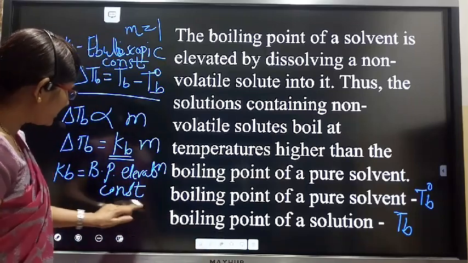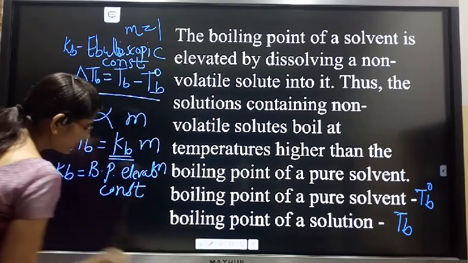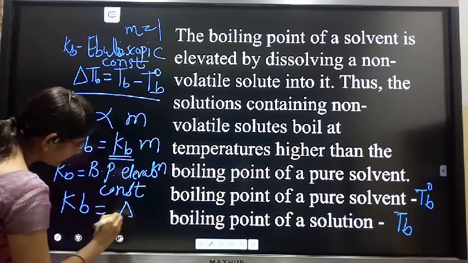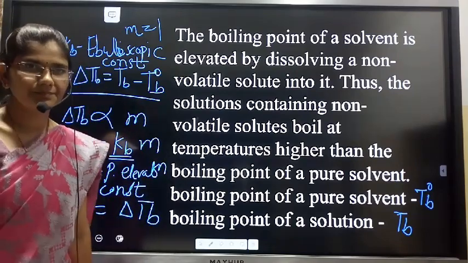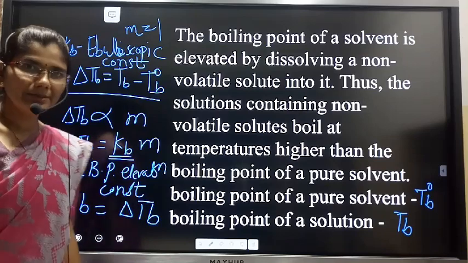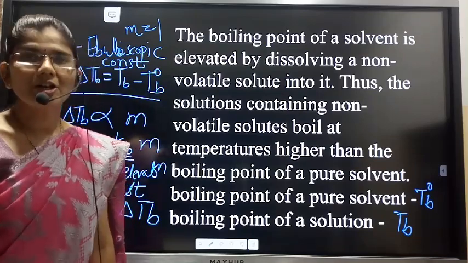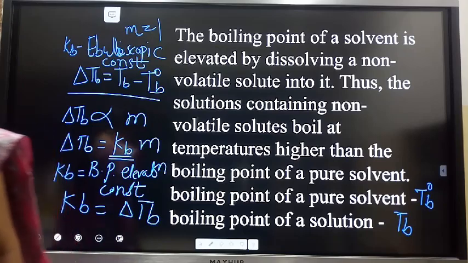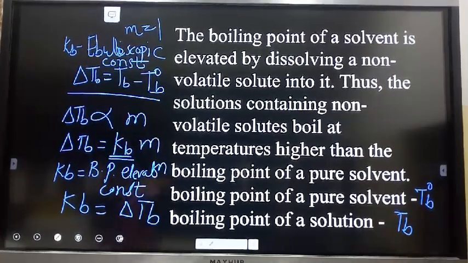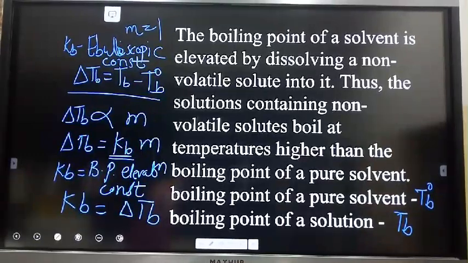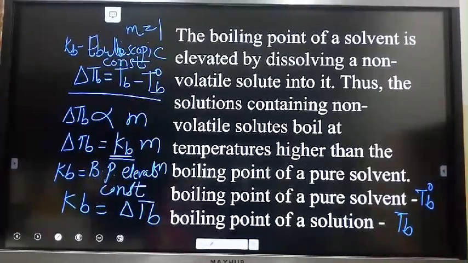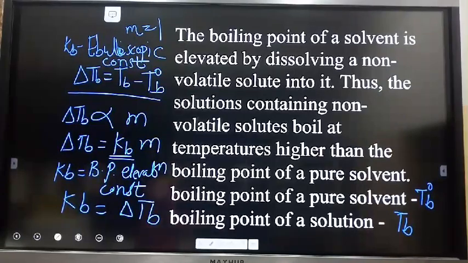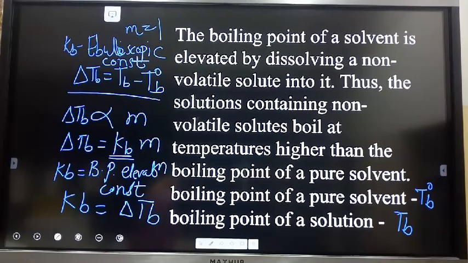Therefore Kb, the molar elevation constant or ebullioscopic constant, is defined as the elevation in boiling point produced by a 1 molar solution.